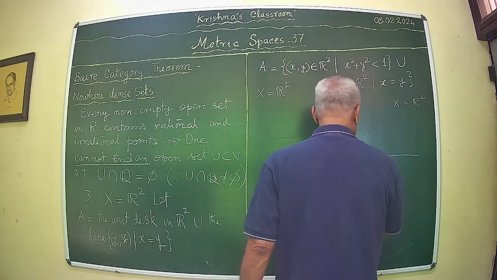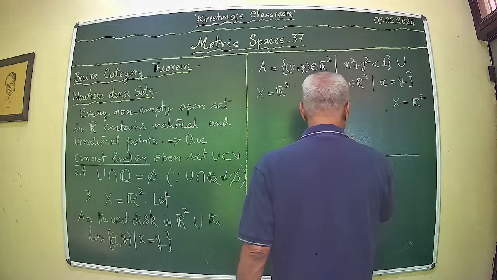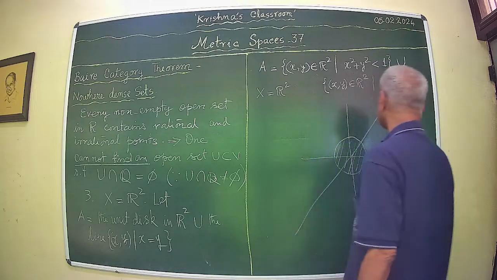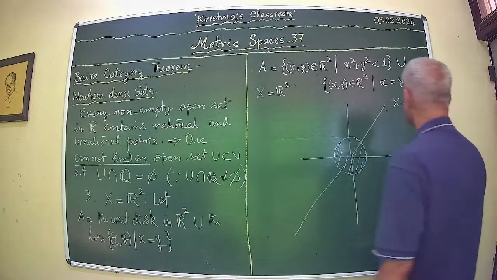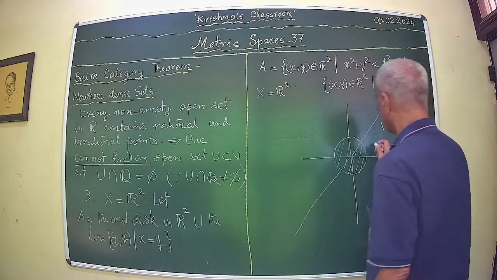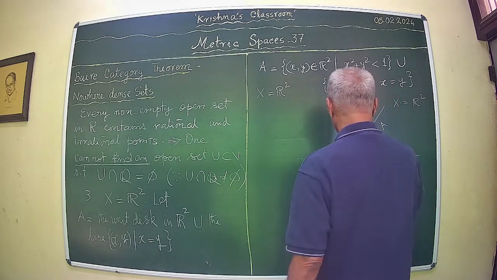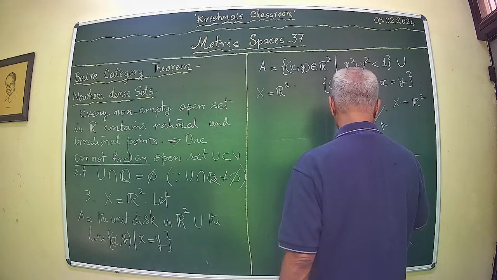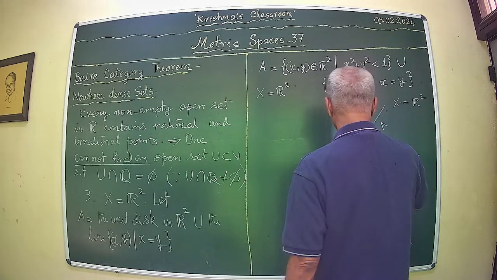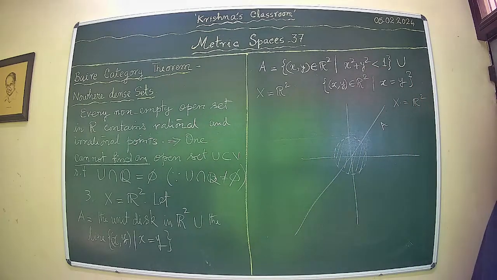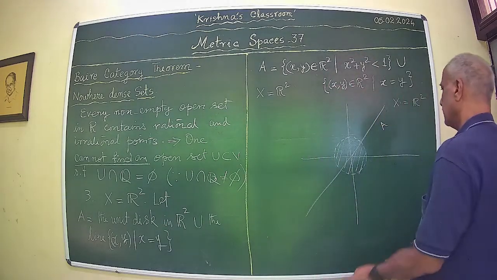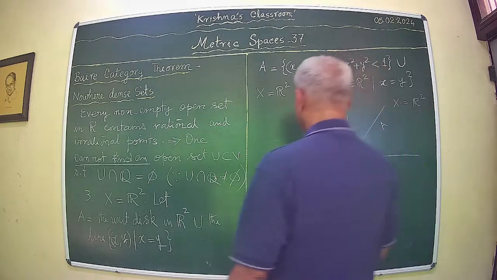This is the unit disk. I have taken the open disk. You can also take the closed disk. And the line. So this is the set A. And I will just avoid the boundary. This is the unit open disk.